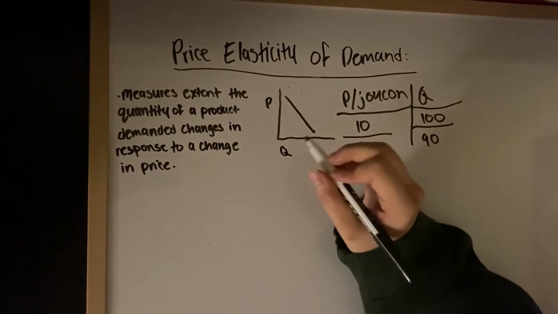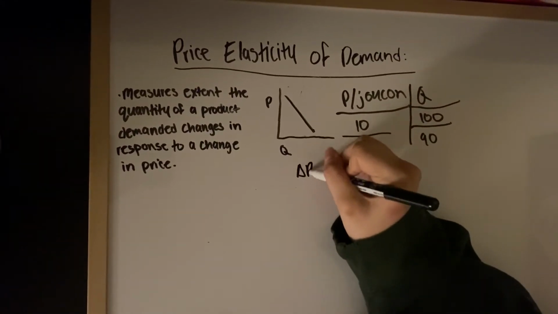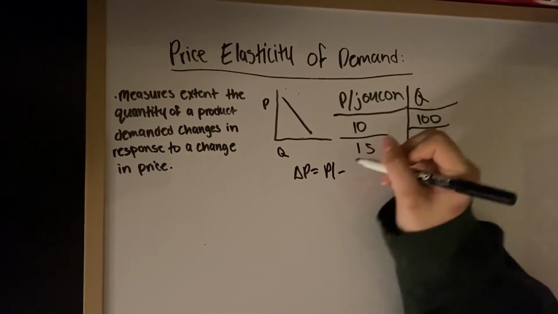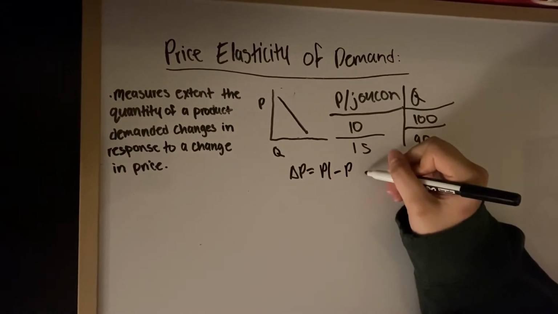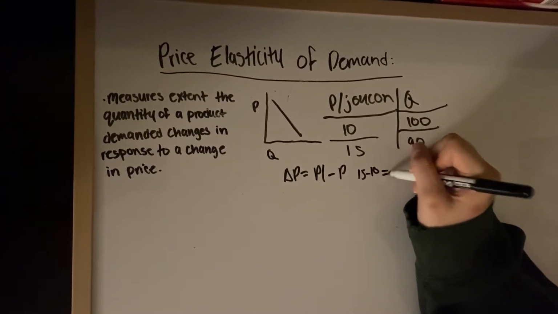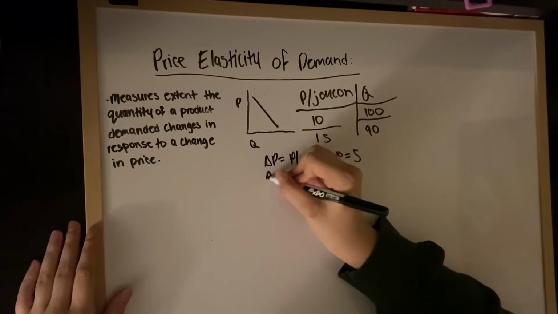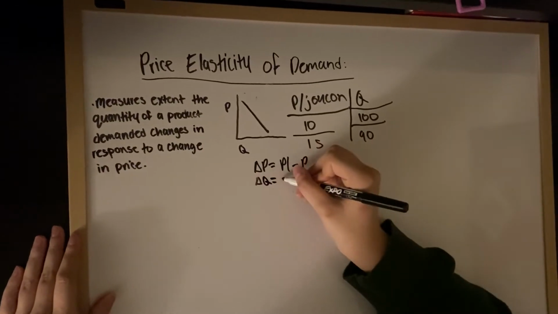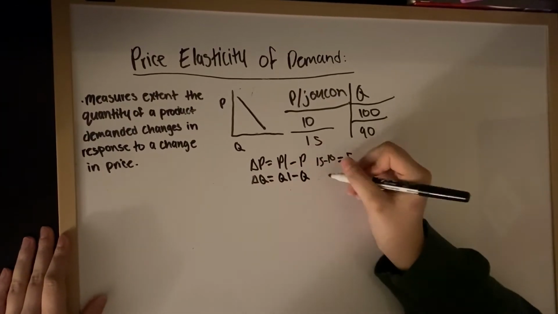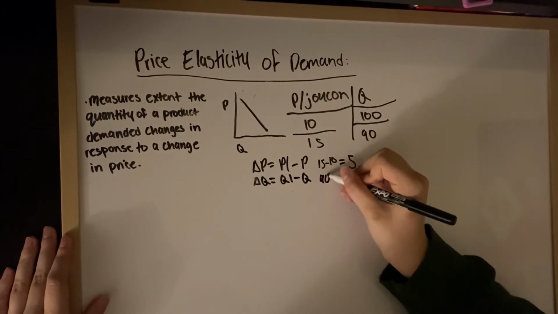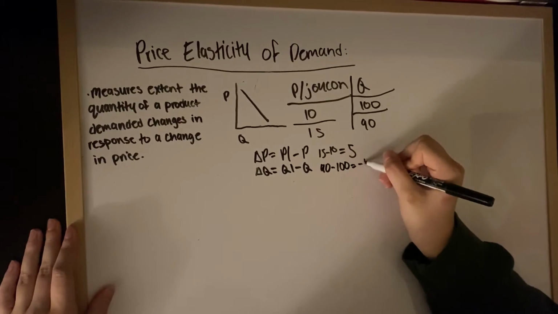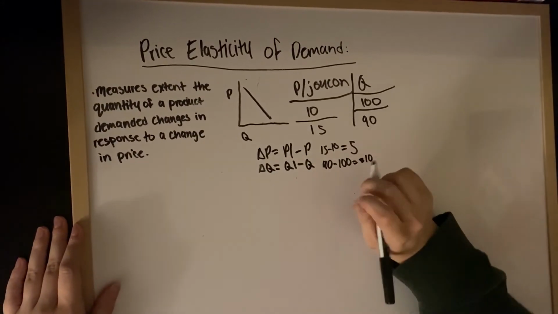So what happens is the change in price equals price 1 minus the price, so that would be 15 minus 10 equals 5, and the change in quantity equals quantity 1 minus quantity, so that would be 90 minus 100, which equals negative 10, but that doesn't matter.